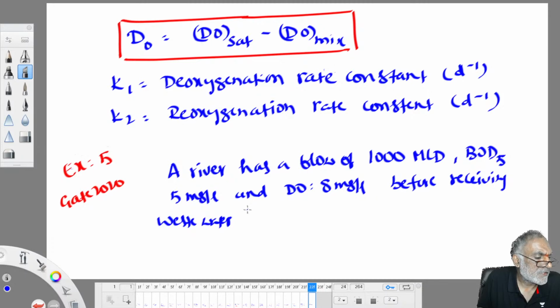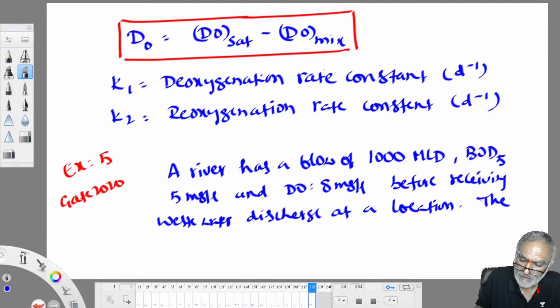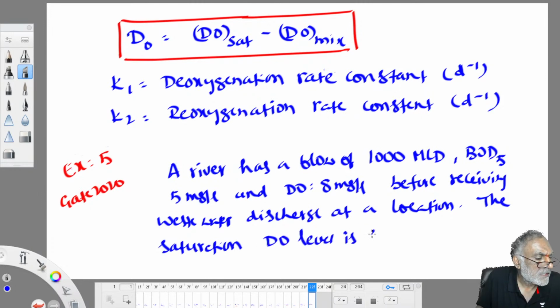Wastewater is discharged at a location. The saturation DO level is 10 milligram per liter in the river. This is also given.